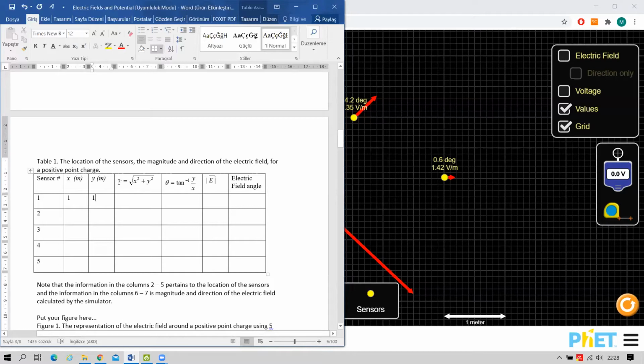You will type not square root 2, but whatever it is in decimal form. Square root 2 is 1.41 meters.